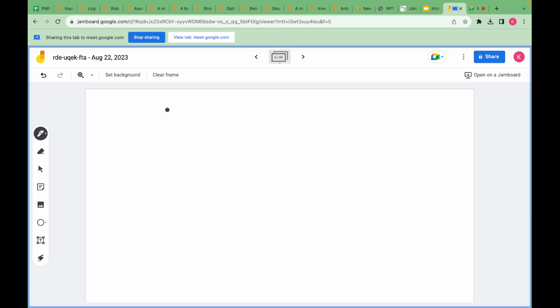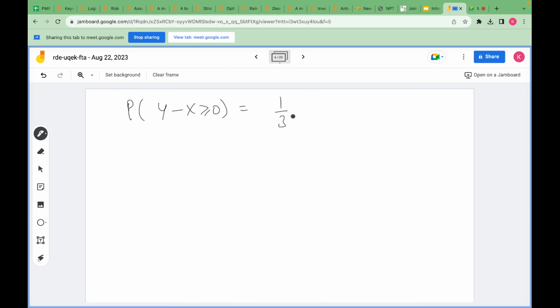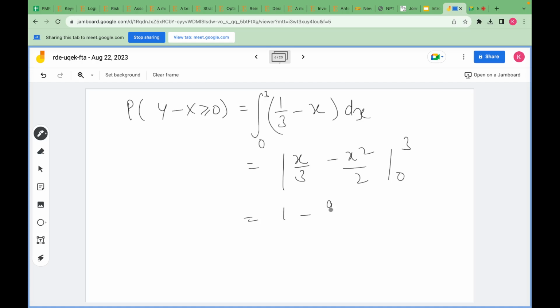So this is 1 by 3 minus x by 12, dx from 0 to 3. So this is x by 3 minus x square by 24, from 0 to 3. This is 1 minus 9 by 2, which is equal to, I am doing something wrong.